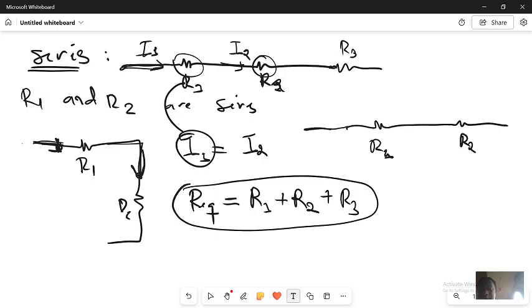If this one is just opened from here, it means that there will not be a flow of current. If there is no flow of current, this one will not be on, this one will not be on, because there is no flow of current.